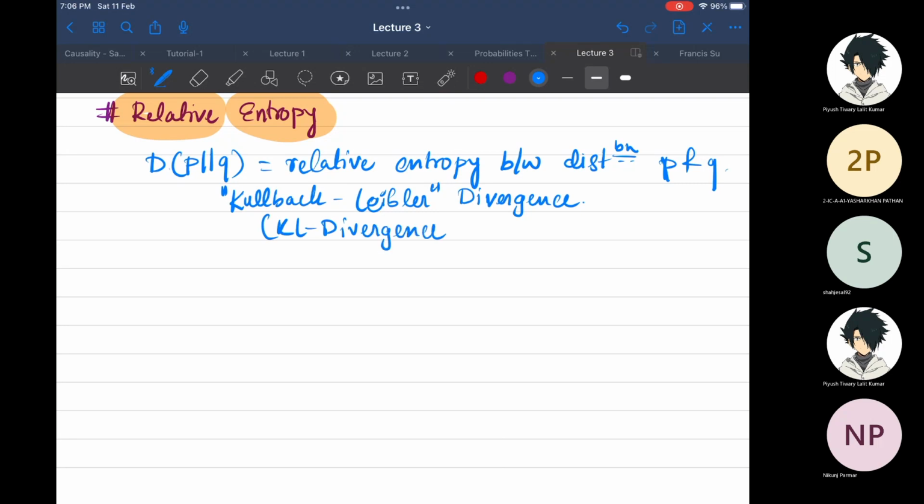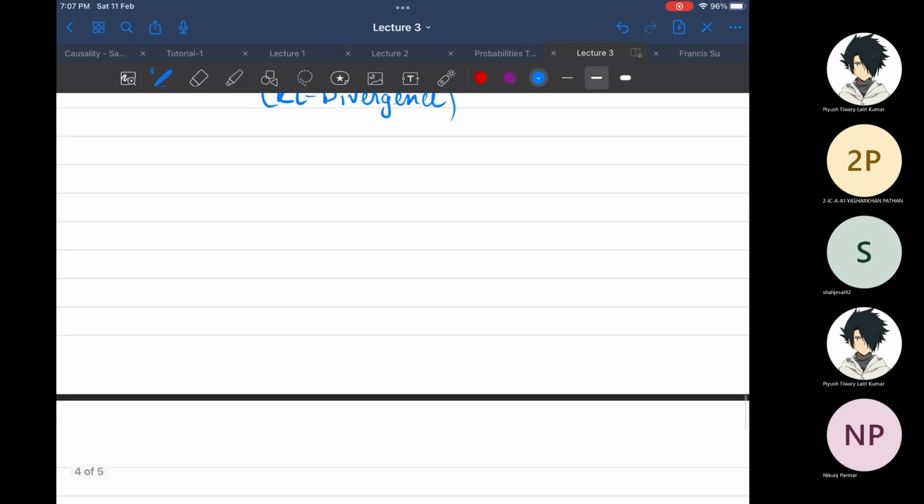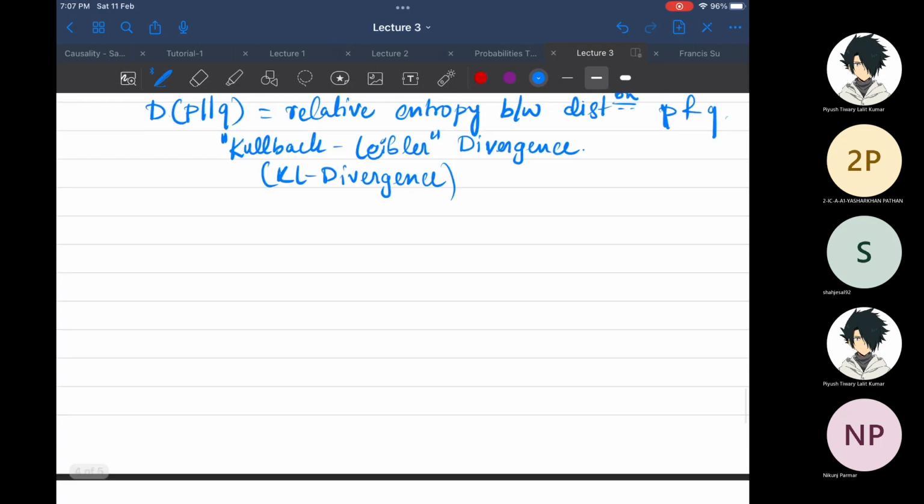Have you heard of this term KL divergence? It keeps popping up nowadays in ML. Have you come across it? If you are active in ML, then KL divergence is something that keeps coming in, and we use it in our everyday life and research.